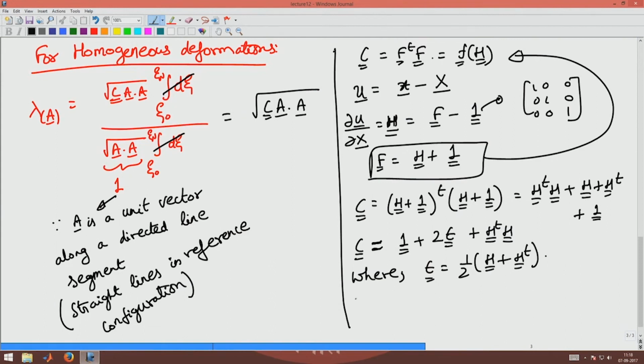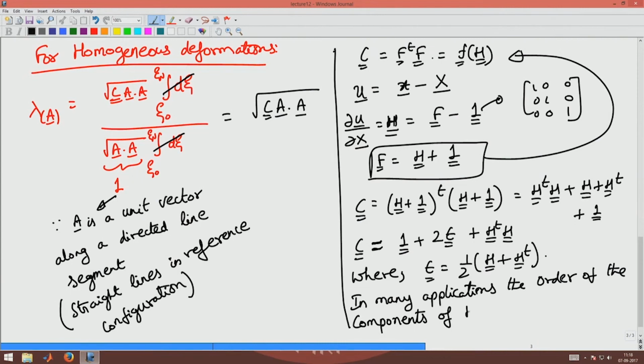In many applications the order of the components of H would be 10 power minus 3 or lesser.